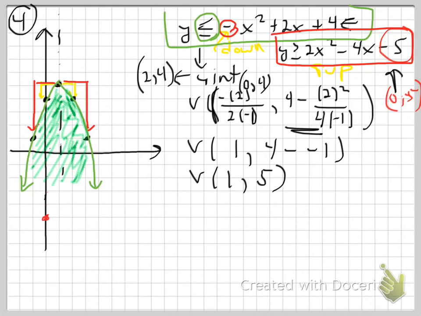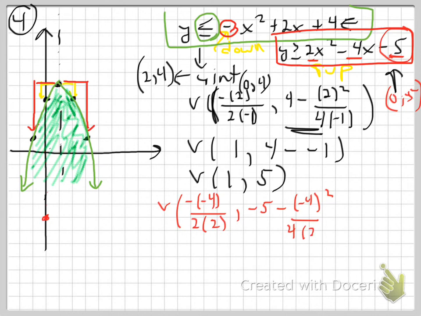So I need to get the vertex, and we know that A is 2, B is -4, C is -5. So I'm going to try the same thing. The vertex is negative B over 2 times A, comma, C minus B squared over 4 times A. The negative of -4 over 2 times 2, comma, -5 minus -4 squared over 4 times 2.